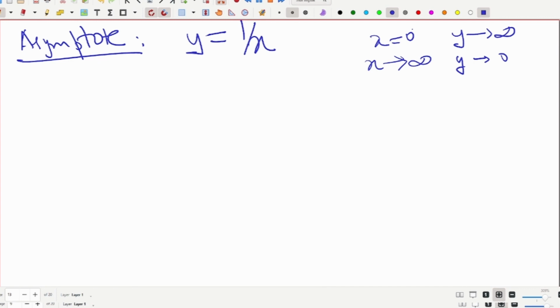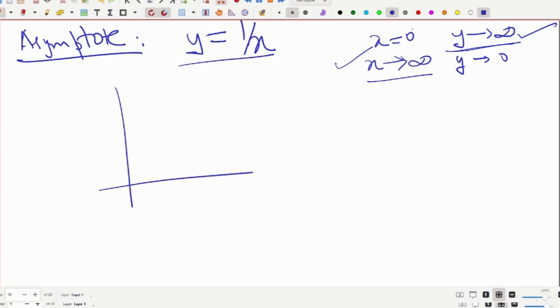Now, as we all know, it is very difficult to describe infinity. So, we say as x tends to infinity, y becomes 0. As x tends to infinity, y becomes 0.